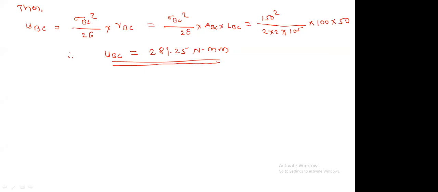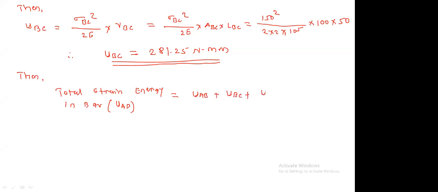Then calculate the total strain energy. If you have calculated this value, then it is very simple. Simply you have to do the addition. Total strain energy in bar, in bracket I will write U of AD, is equal to U of AB plus U of BC plus U of CD.